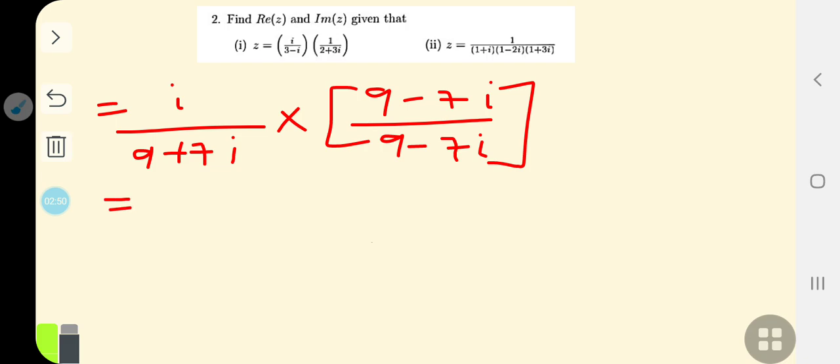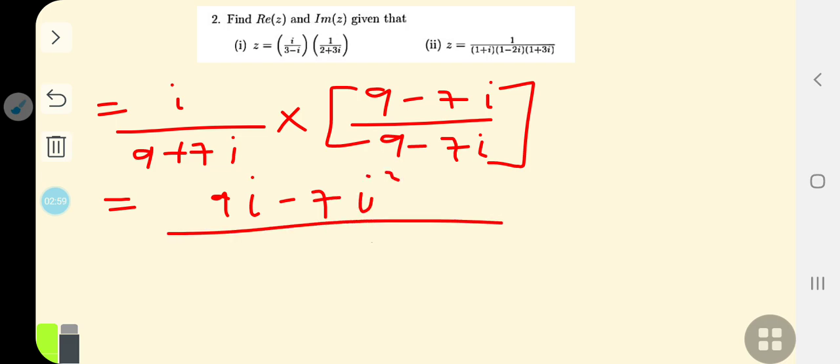From here I'm going to have 9i minus 7i squared. Then down here I multiply the real part and the imaginary part. So 9 times 9 gives me 81, and minus 49.